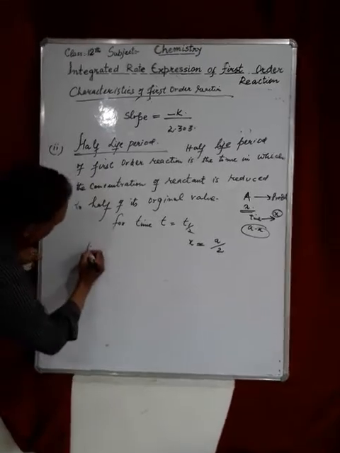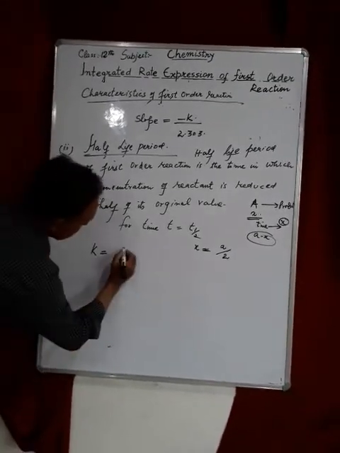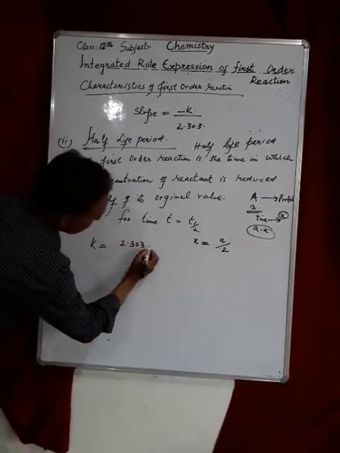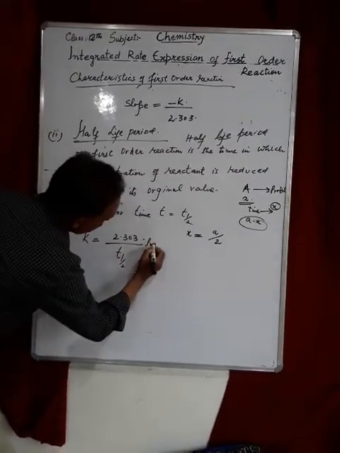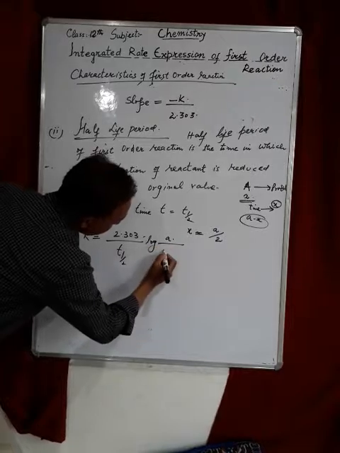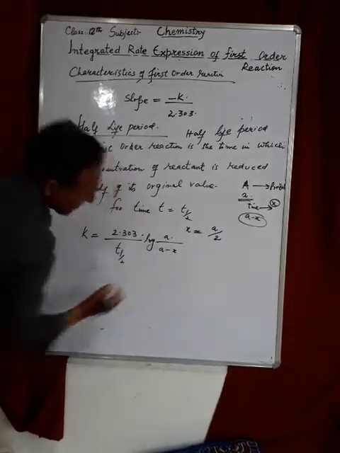So the rate constant equation becomes 2.303 divided by t half, log of a divided by a minus x.